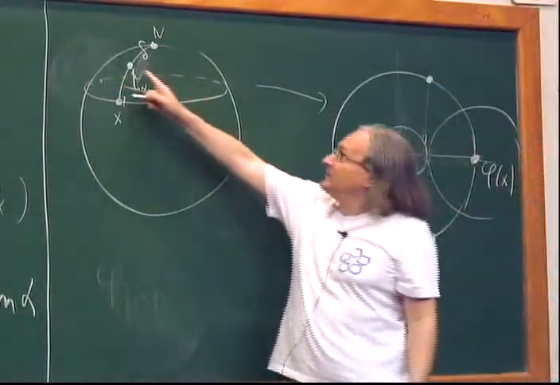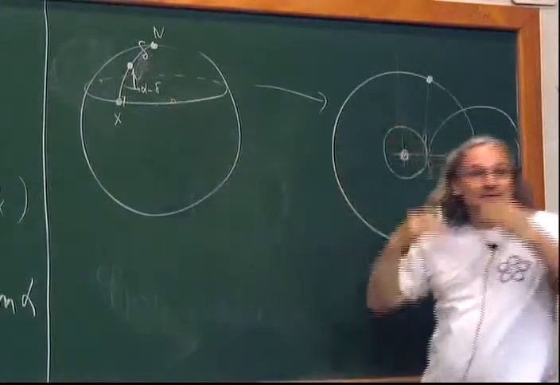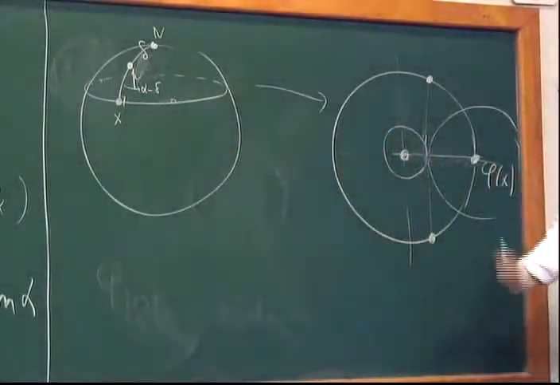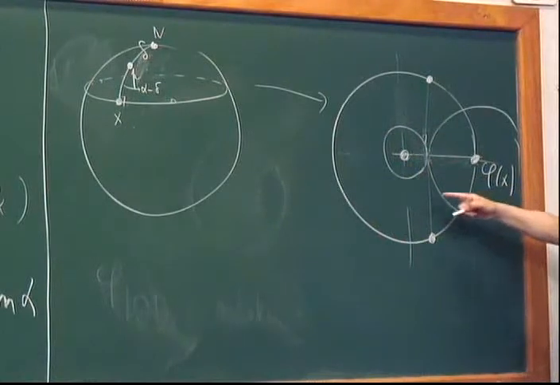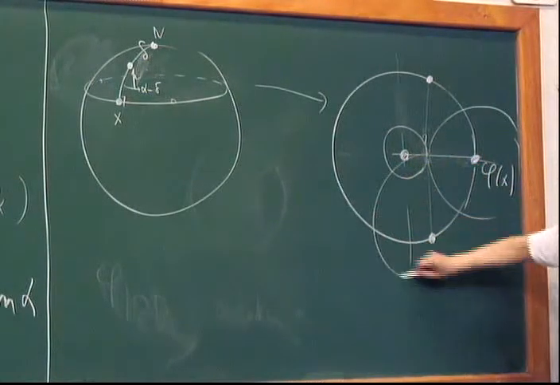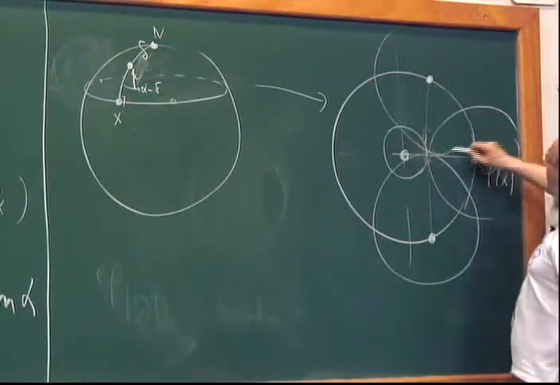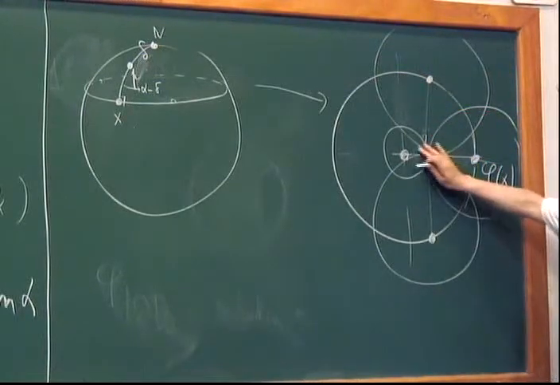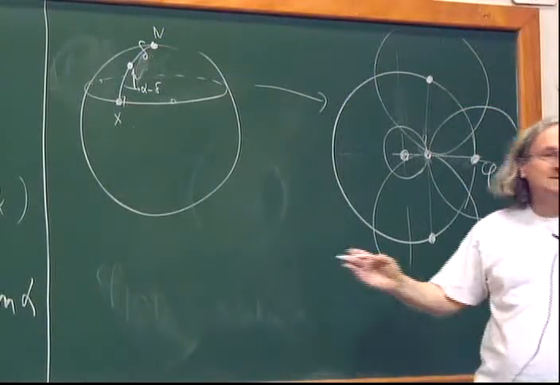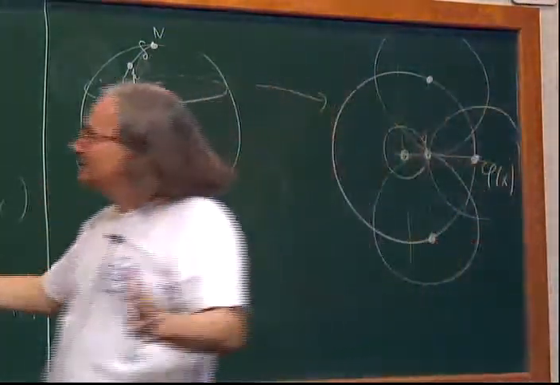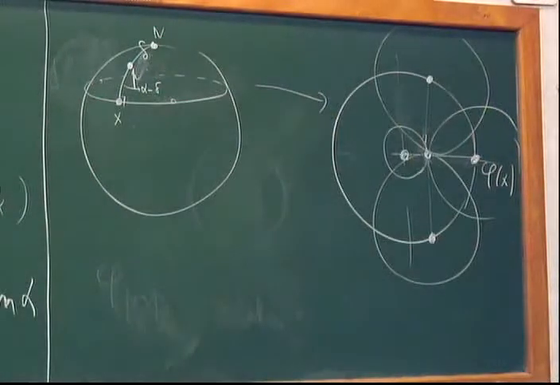Now the point P has a certain distance from these 2 points, and by the map, the distances are multiplied at least by k1. So the image of P has to be outside this disk and outside this disk. No much room left, it has to be here. So that's an easy exercise to show that under the condition of equality between k2 divided by k1 and alpha over sine alpha, the map is restricted to be the exponential map, or more precisely, the inverse of the exponential map.